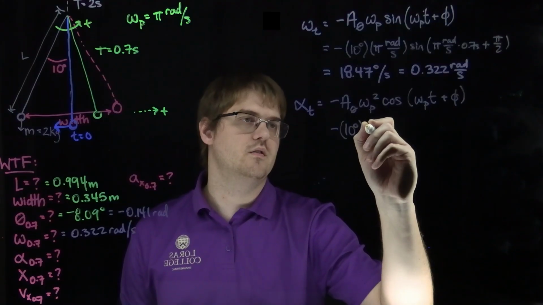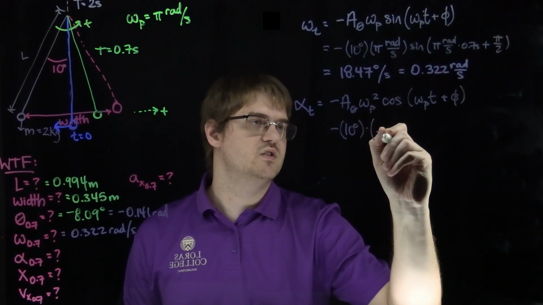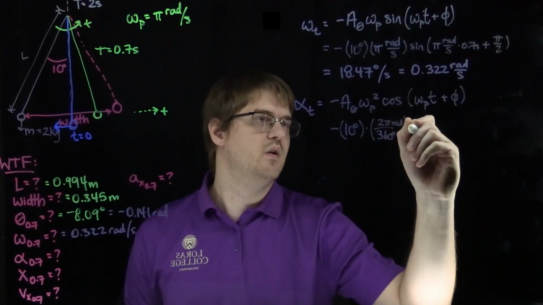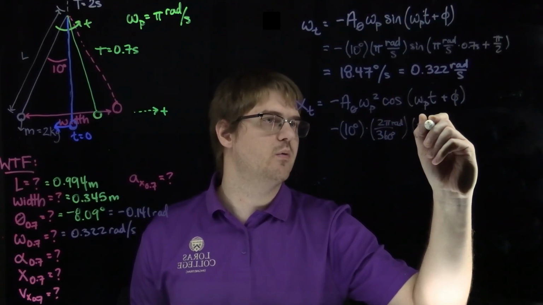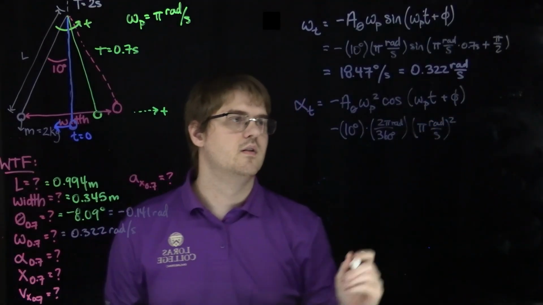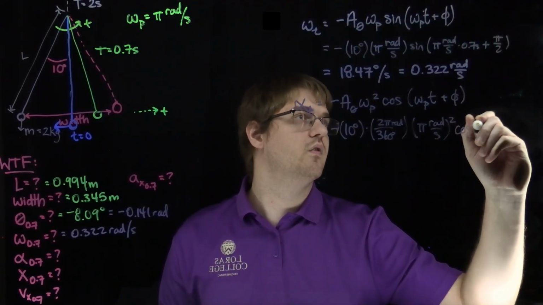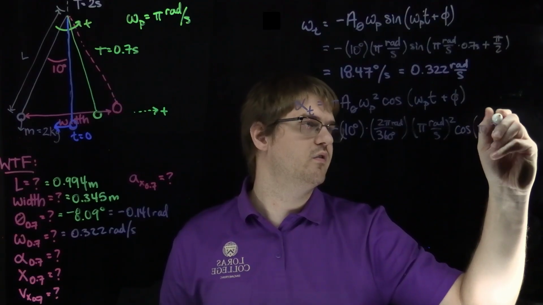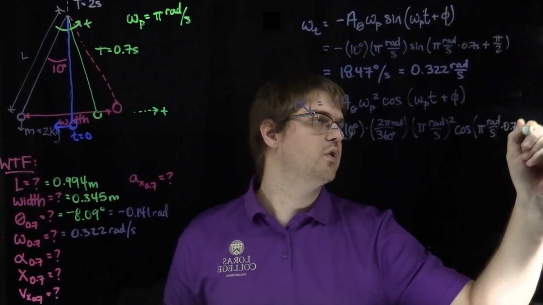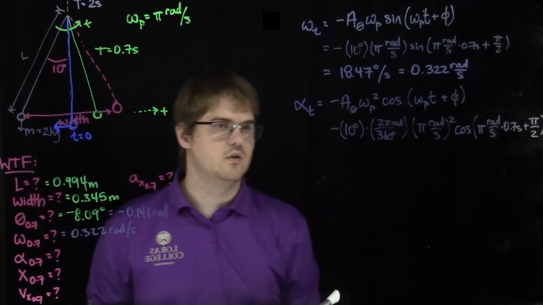We'll go ahead and include the conversion, so 360 degrees is 2 pi radians, times omega p, which is pi radians per second, that whole thing squared, times the cosine of pi radians per second times our time of 0.7 seconds plus pi over 2 radians.